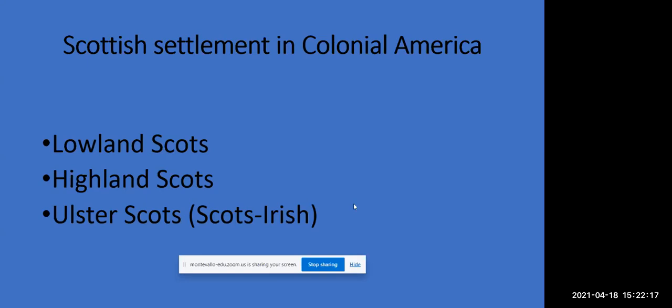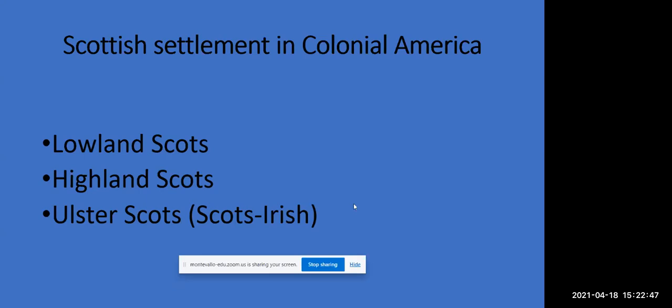The Lowland Scots began to migrate to North America in the 18th century, typically after the union of England and Scotland. And they tended to settle in low-lying coastal areas in cities such as New York and New Jersey. And they typically would assimilate into their communities and they would remain loyal to the crown in the Revolution.